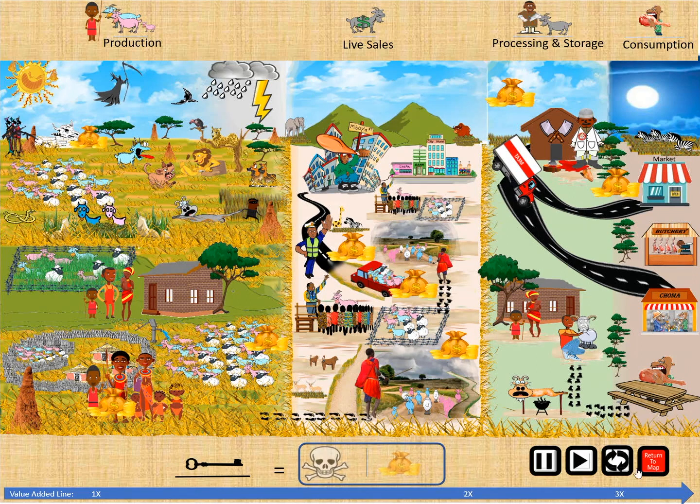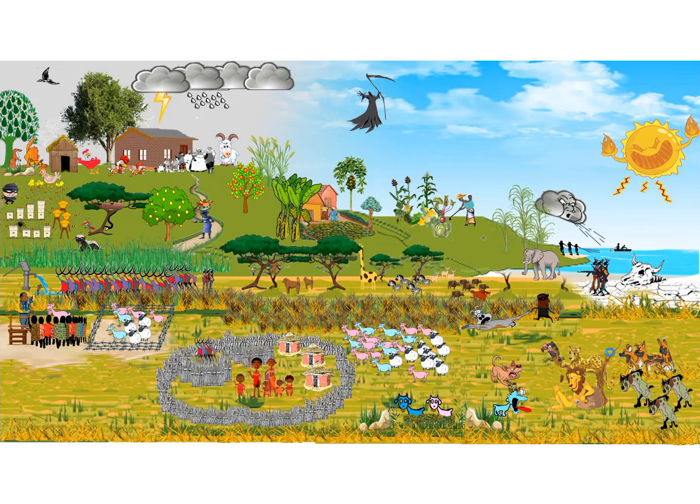All right, so let's go back to the main map. And there you go. That was an example of a graphic art report with data embedded inside of the map. And of course, there's no limit to what you could do to this. You could continue to add. You could have a value chain associated with each of these crops here. You could have a value chain associated with, what else?